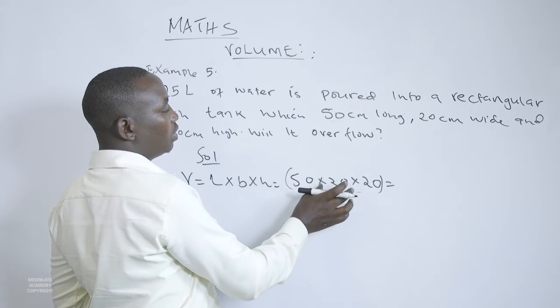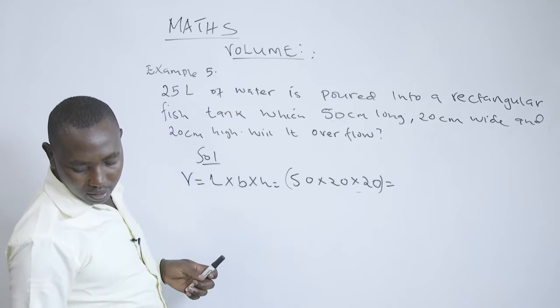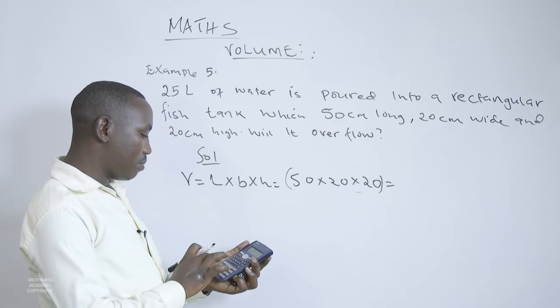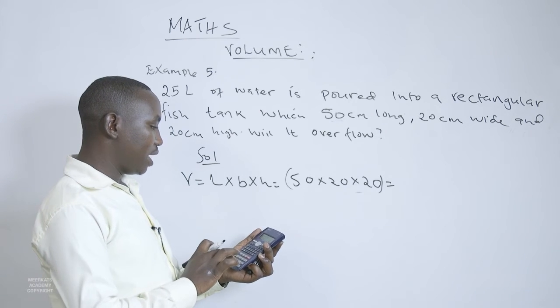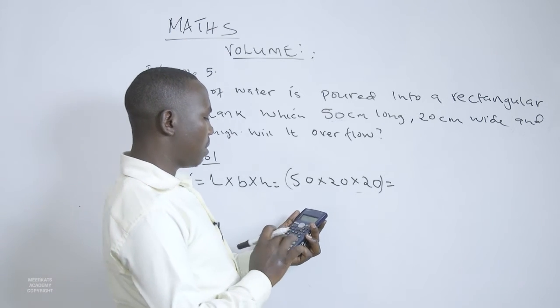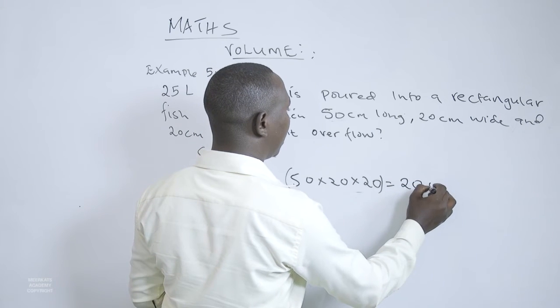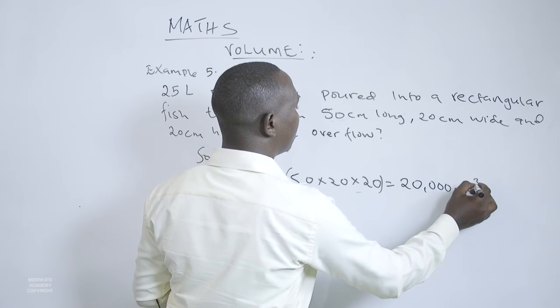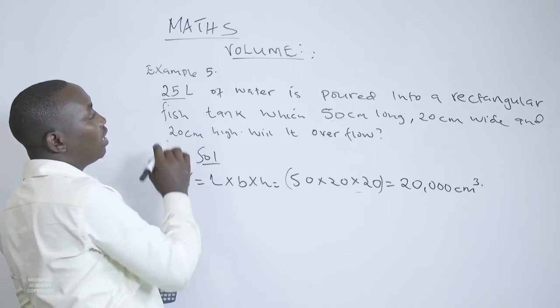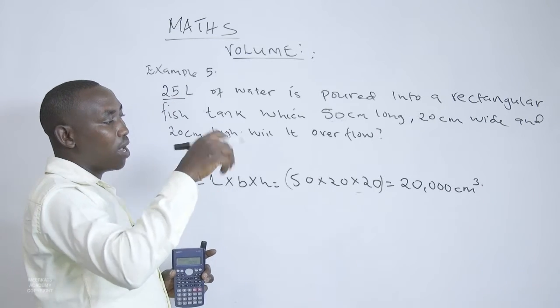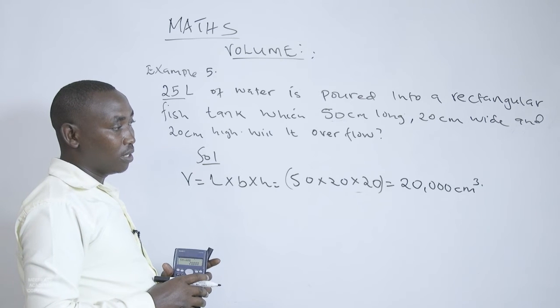So 50 by 20 by 20, which is 400, shall give us 20,000 centimeters cubed.